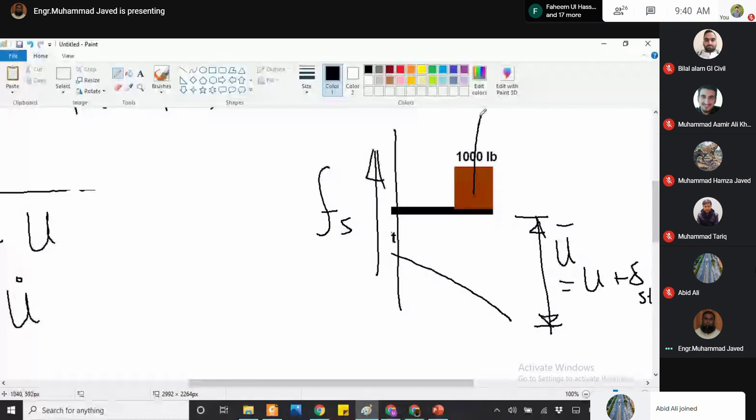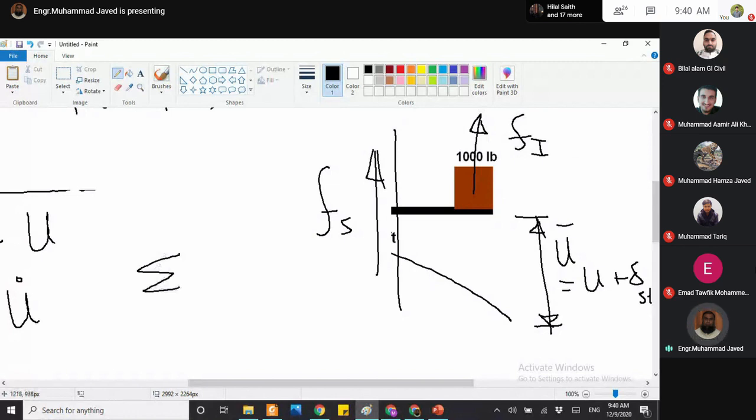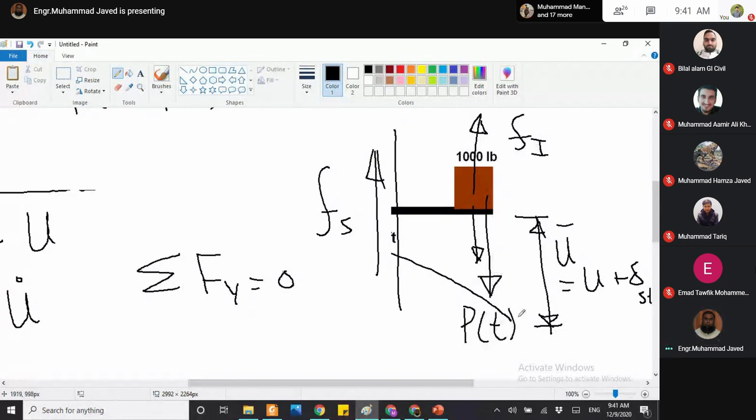Fi, and if we apply the equilibrium equation along the y-axis, we have three forces: weight, which is acting in the downward direction, and the elastic restoring force and inertial force in the upward direction, and all of these are produced due to the dynamic force P of T. So we will have Fs plus Fi minus W minus P of T is equal to 0.